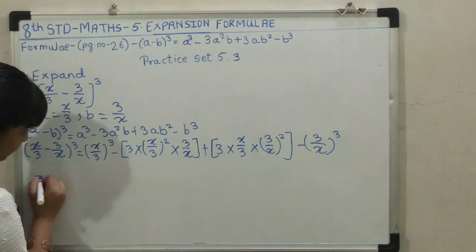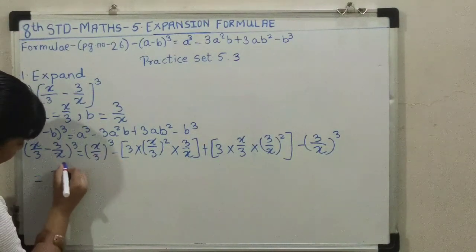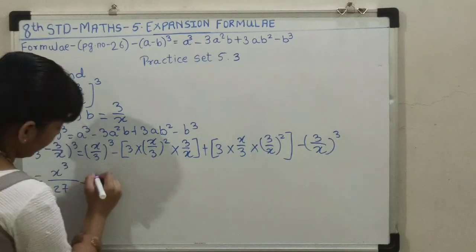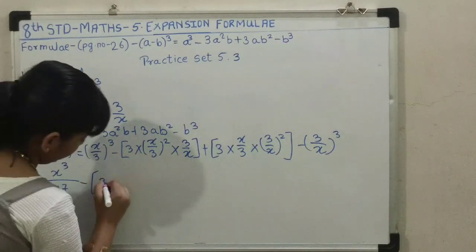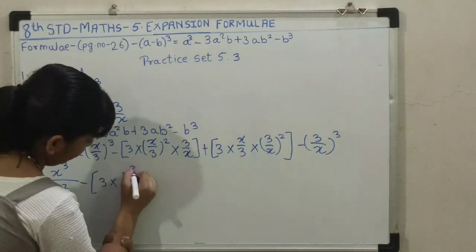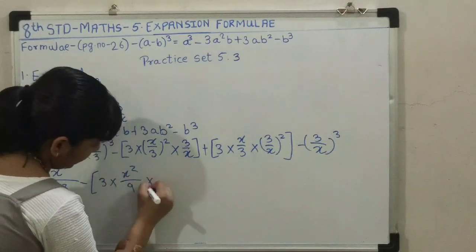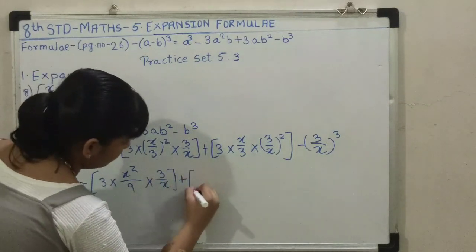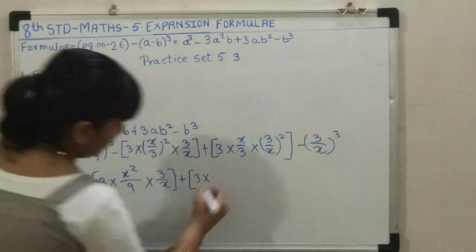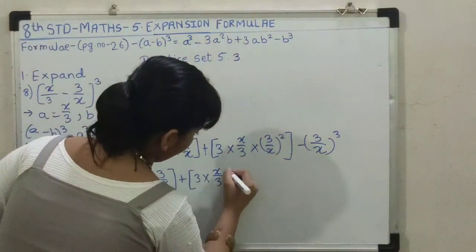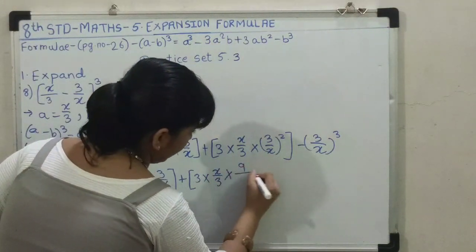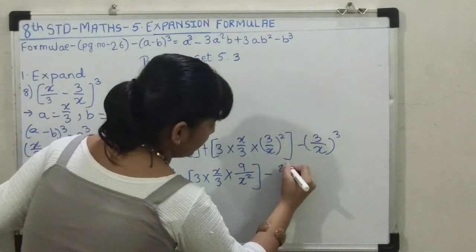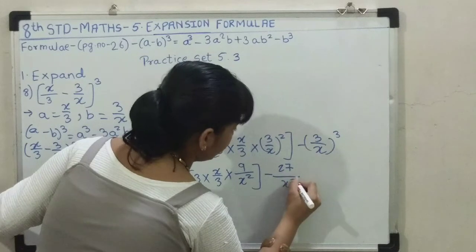So here the answer will be x³ upon 3 cubed, which is 27, minus 3 into x squared is x² and 3 squared is 9, into 3/x, plus 3 into x/3 into 3 squared is 9 and x squared is x², minus 3 cubed is 27 and x cubed is x³.